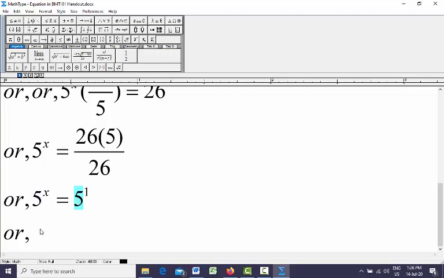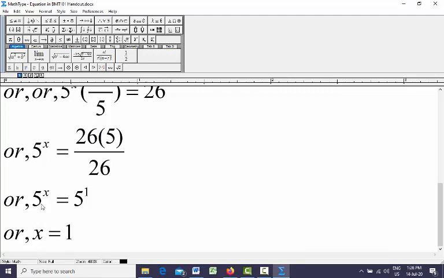When you have something like that, the powers will be equal to each other. So x is equal to 1.